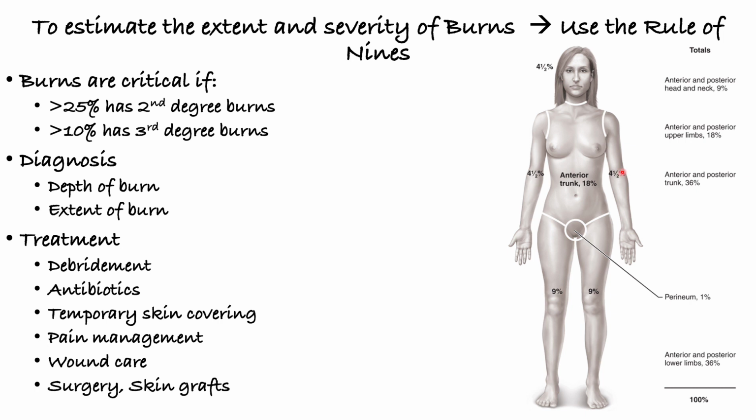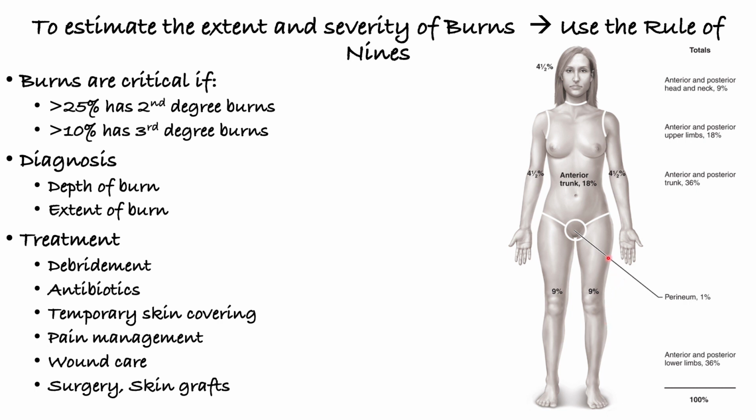Each arm, anterior and posterior, is 9%, for the right and for the left. The perineum is 1%, and then each leg, anterior and posterior, is 9% each, giving us 18% for the right leg and for the left leg, and that's where we get the 100%.